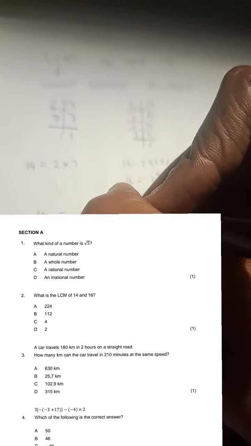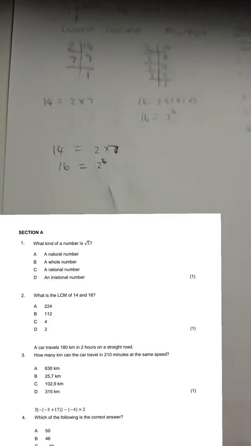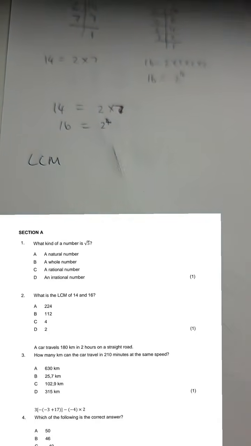So now we can say 14 is equal to 2 times 7, whereas 16 is equal to 2 to the power 4, all right? And therefore, when we want to identify the LCM, we do the following.